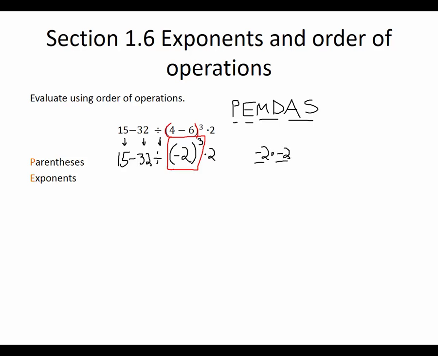So negative 2 times negative 2 times another negative 2. Negative times negative would be a positive 4, times negative 2 would be a negative 8. So this becomes a negative 8 here. And again, I just bring everything else down. The times 2 comes down. This division comes down. The negative 32 comes down. And my 15 comes down.